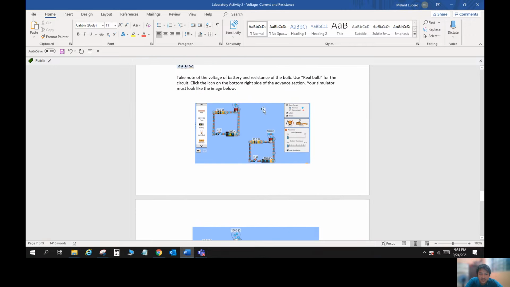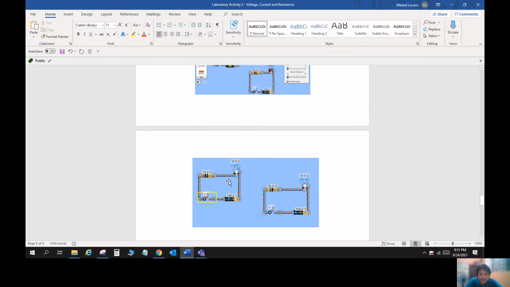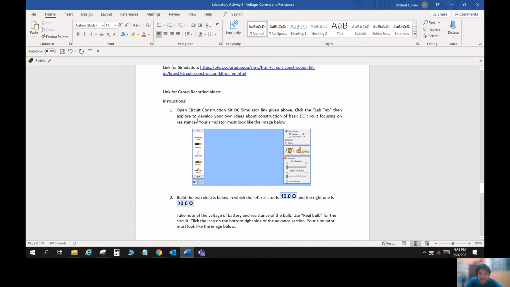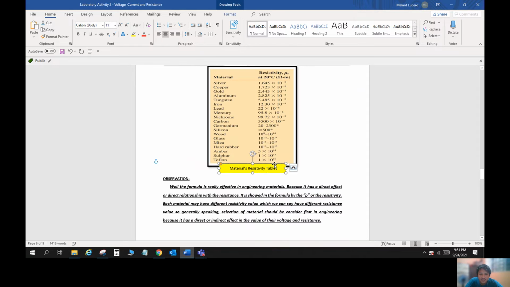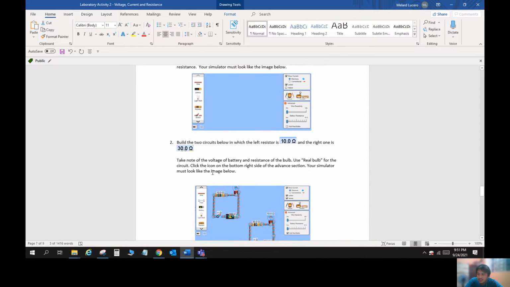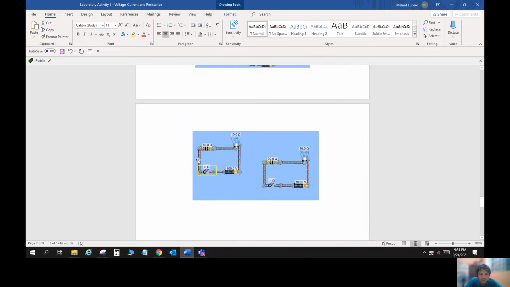Hindi ko na nilagay po yung mga ibang set ng parameter, pero napakita naman na ginawa natin siya sa actual na video. So lagyan na natin siguro ng note na actual circuit done.